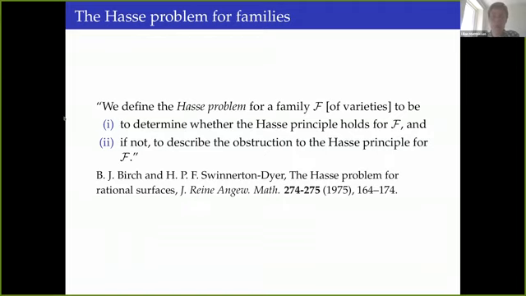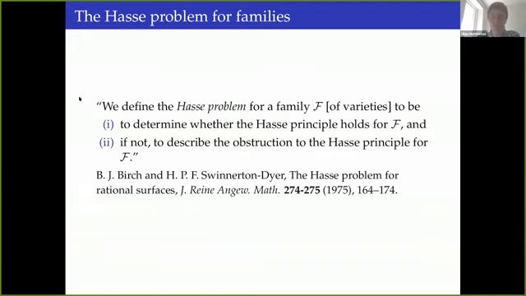Birch and Swinnerton-Dyer write in the introduction, we define the Hasse problem for a family of varieties to be 1, to determine whether the Hasse principle holds for the family, and 2, if not, to describe the obstruction to the Hasse principle for this family. In this paper, a lot of families are discussed that fail the Hasse principle, and they are discussed in the light of the Brauer-Manin obstruction, which was fairly new at the time this paper was written.